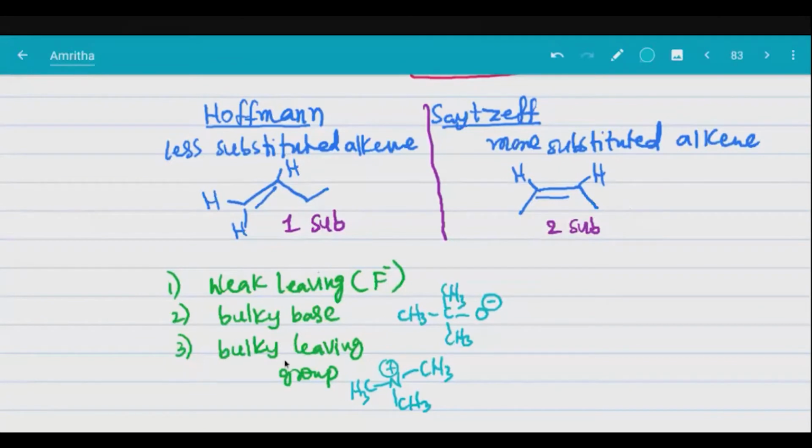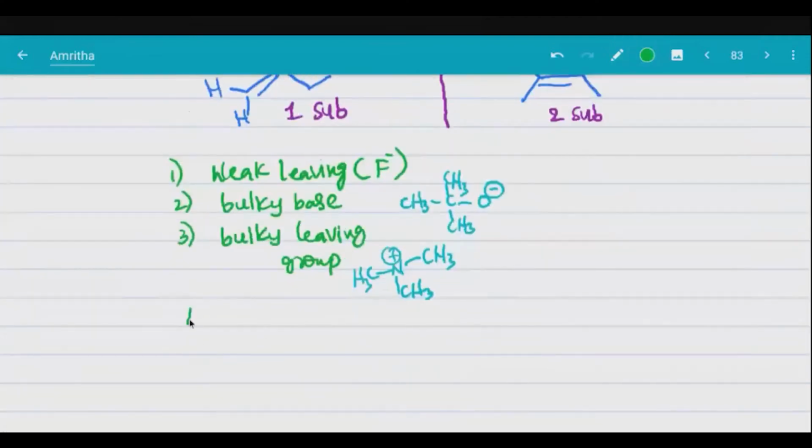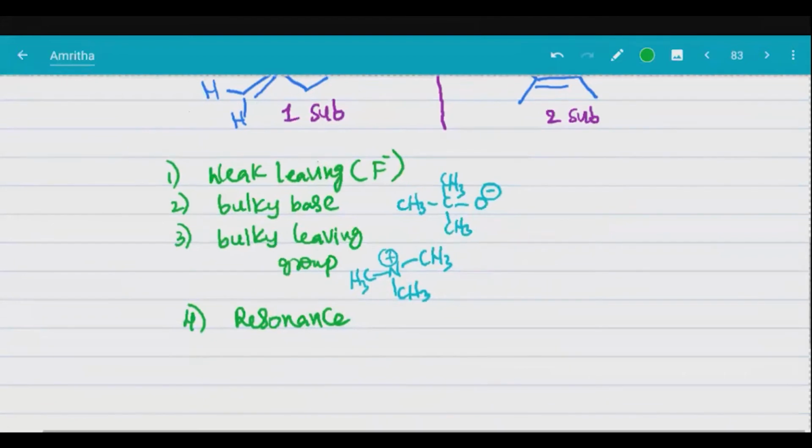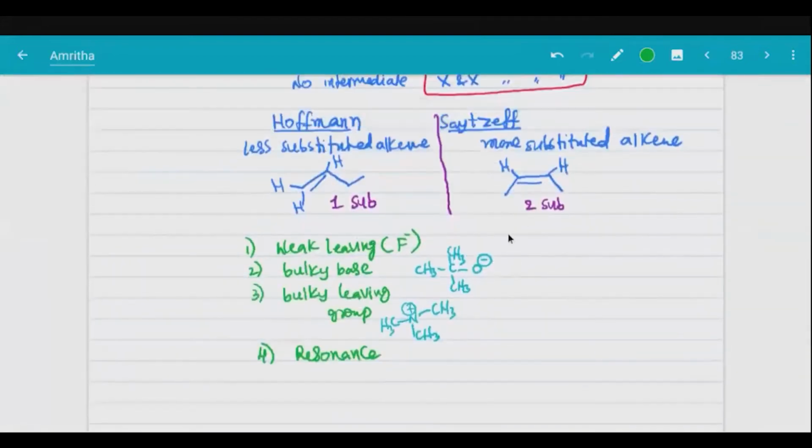So these 3 cases, Hofmann we get. And also you take care of resonance. Don't forget resonance. Sometimes resonance may favor the less substituted, but more stabilized by resonance. So these are the 4 cases we get Hofmann, otherwise we get Saytzev, more substituted.